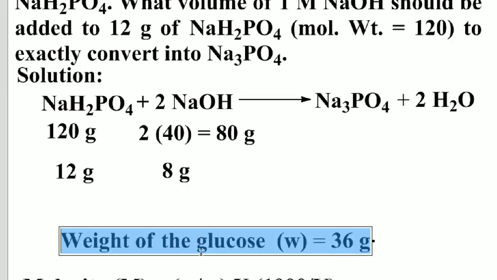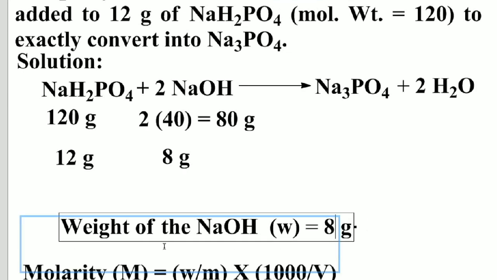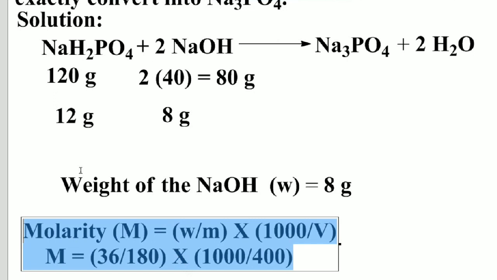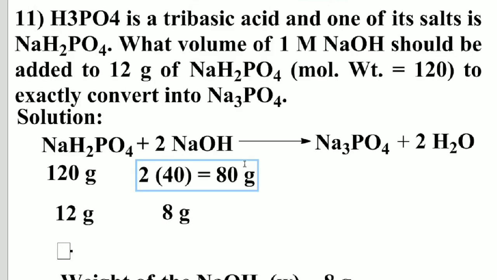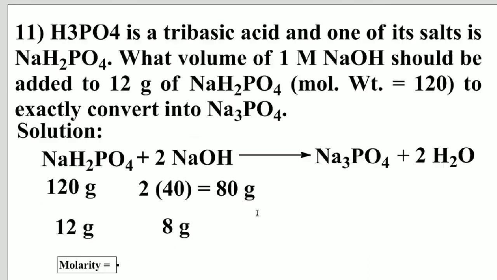Therefore, the weight of the NaOH we can identify as 8 grams, and the volume and the molarity are given in the problem. The given molarity of the solution is 1 molar.